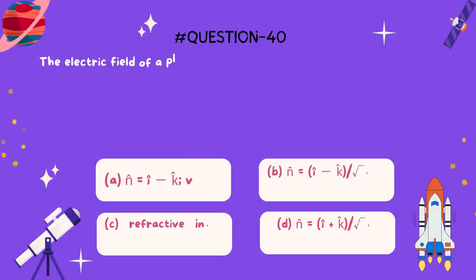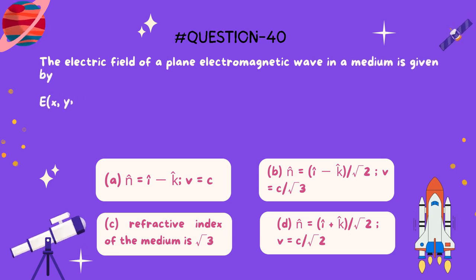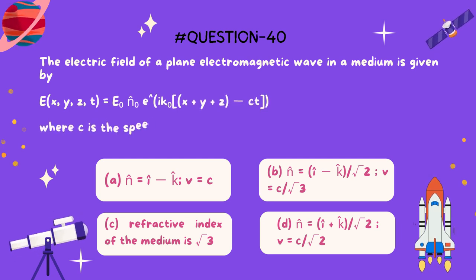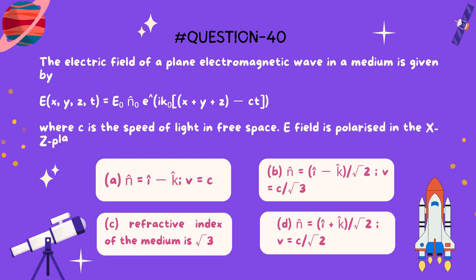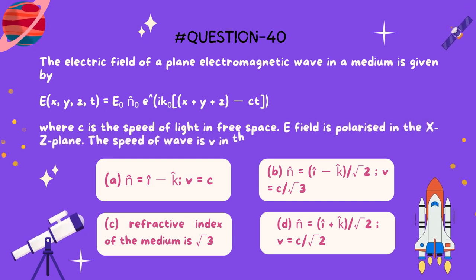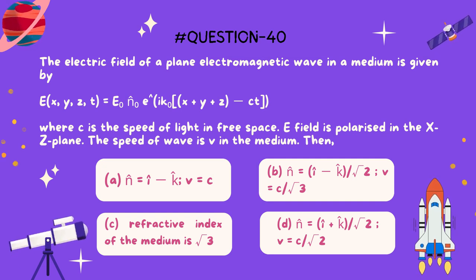40. The electric field of a plane electromagnetic wave in a medium is given by E(x,y,z,t) equals E sub 0 n hat e raised to power i(k sub 0 ...), where c is the speed of light in free space.